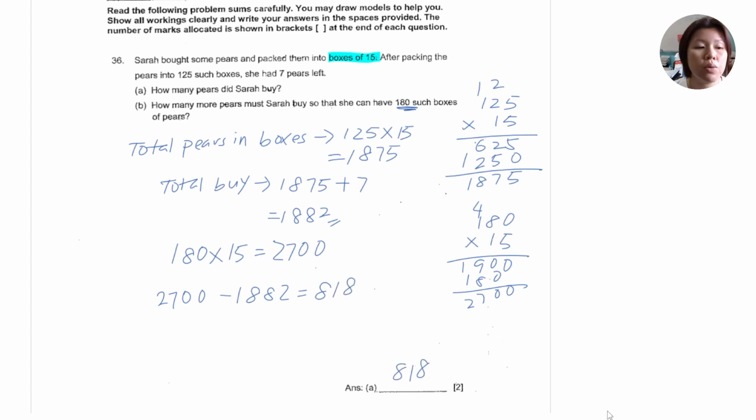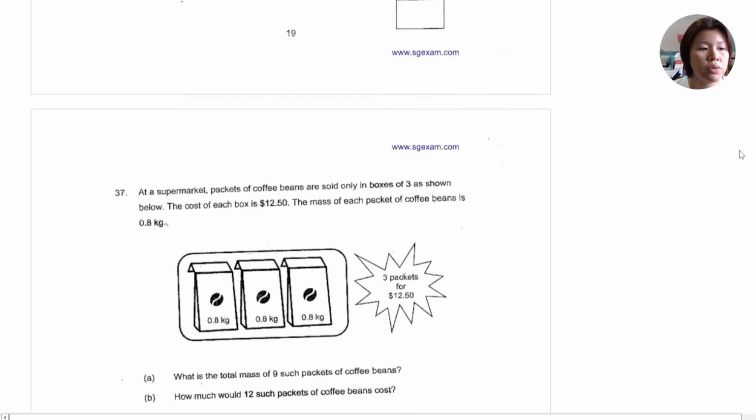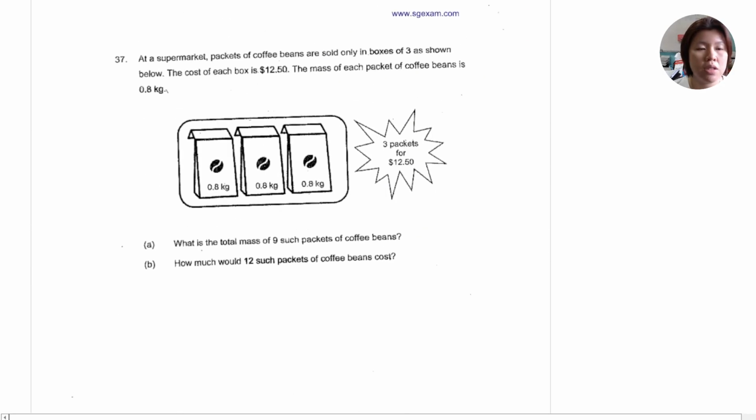Okay, so let's move on to the next question. It's in the supermarket. Okay, supermarket black coffee beans are sold at boxes of 3, and then each box is 12.50, and then the mass each packet is 0.8.